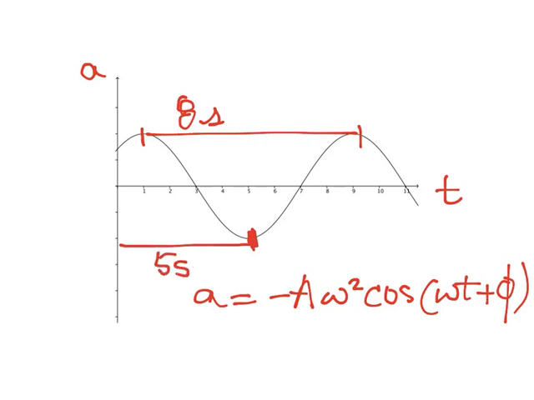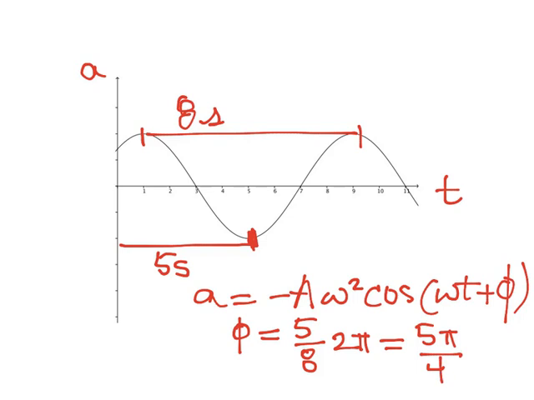So our phi is going to be 5/8 of the unit circle, so 5/8 of 2 pi. Since we're shifted over to the right, okay, so since it shifted, this is shifted over, sorry, I'm at the choir concert, so sometimes it gets loud. This is shifted over by 5/8 of our period. Our phi is going to be 5/8 of 2 pi, which is 5 pi divided by 4.